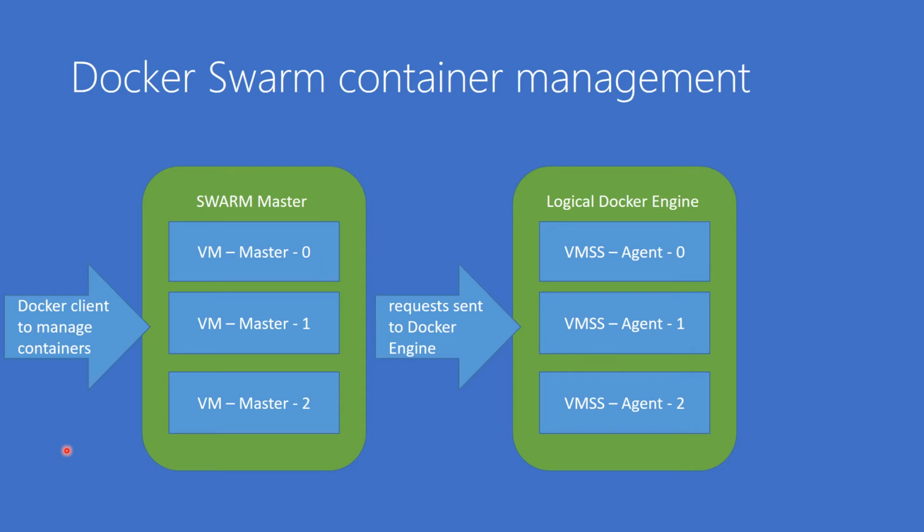It could be a Mac, or we can run the Docker client on a Windows machine. So you send requests to the master to manage your containers, which then forwards these requests to the Docker engine. So when you schedule a job or you want to run a container, the container request will be sent to the Docker engine and your containers will actually run on one of these resources.